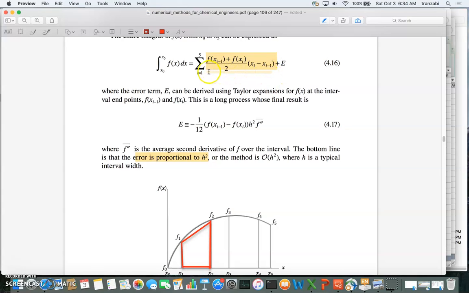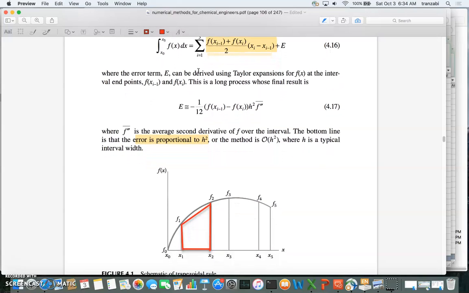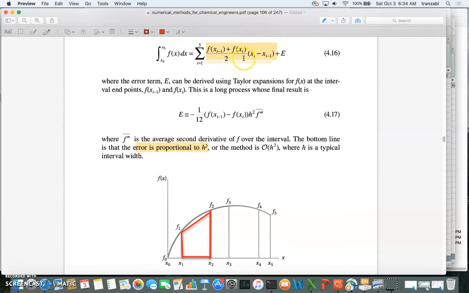Now we go over all x values, i from 1 to 5, and we calculate the area for each trapezoid and add them up, because that's what the sigma means, and that gives you the total area. It's proven using Taylor series that the error we're making, which as I said is the area of this little sector that is left out, if you sum them up, is proportional to h, where h here is delta x, the separation between two successive x values.